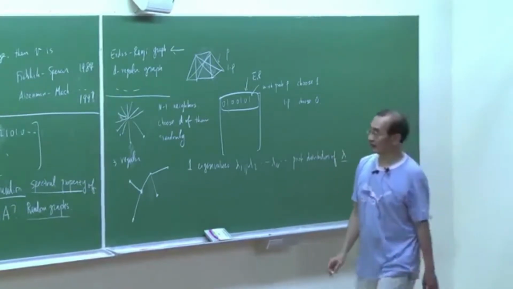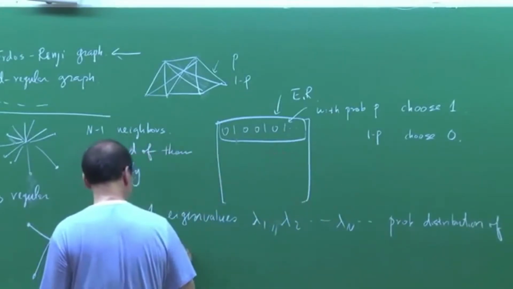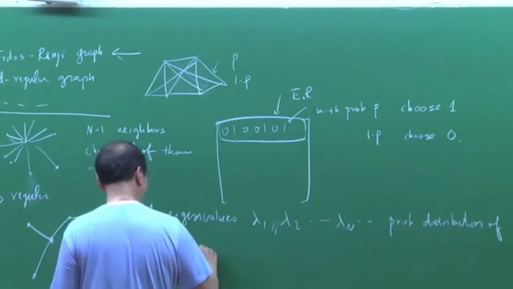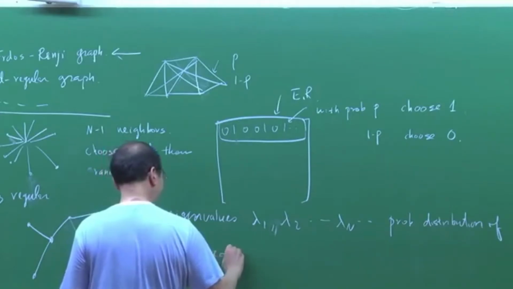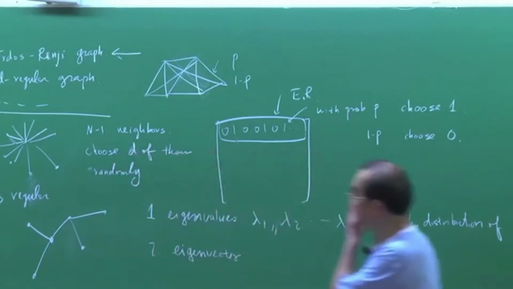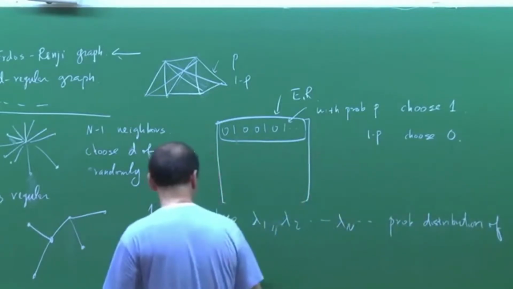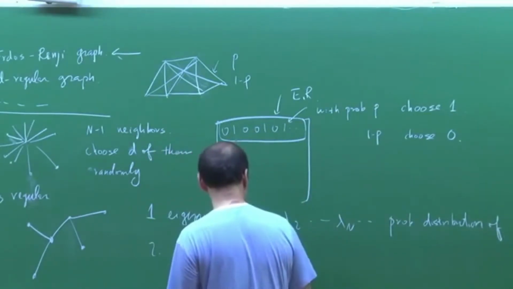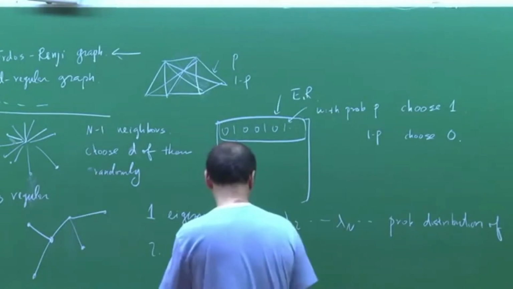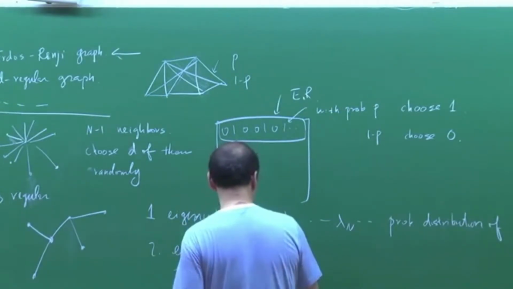And the second question is about eigenvectors. What can you say about eigenvectors? It's some property of eigenvectors.